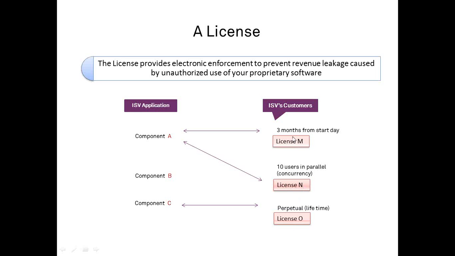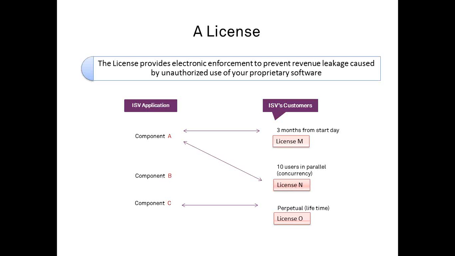Here we see that I have created, as a software vendor, 3 licenses, license M, N, and O. I provided that license M will be able to be used with component A only. License N will be able to be used with component A only. Component B, I don't want anyone to use it.